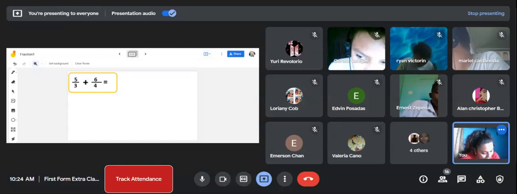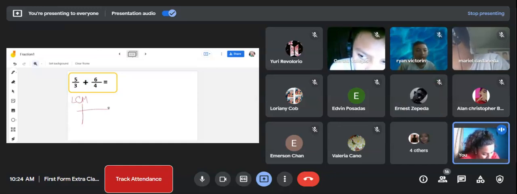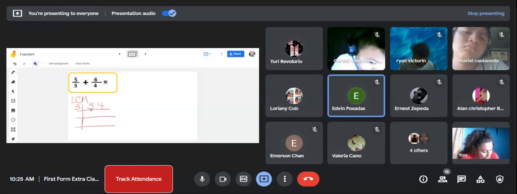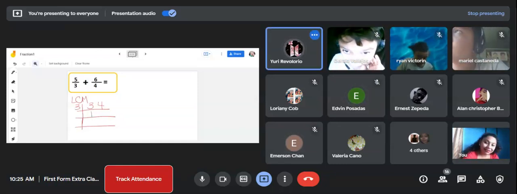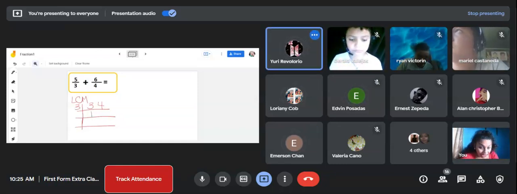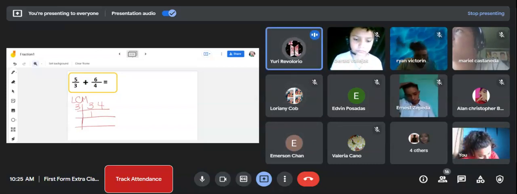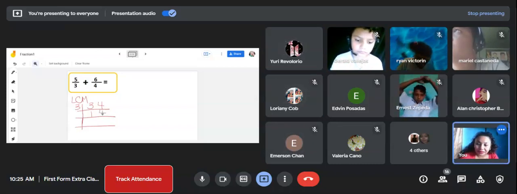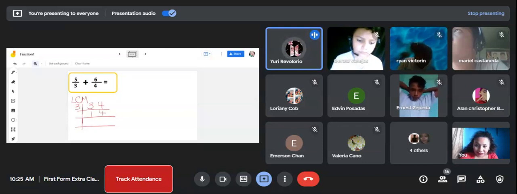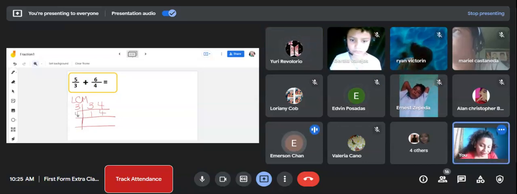So I'm going to find the LCM for 3 and 4. What number can I use? 3. 3 into 3? 1. And 3 into 4? Can't, right? So I leave it like that. Now 4.